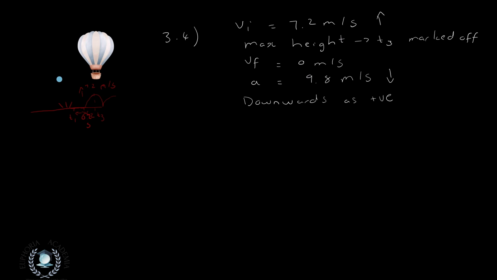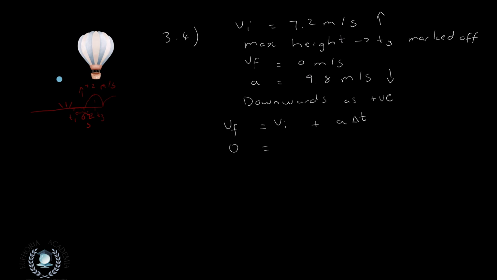Alright, and we're going to use the equation VF is equal to VI plus the acceleration multiplied by our delta T. Okay, now our VF, we said this was 0.